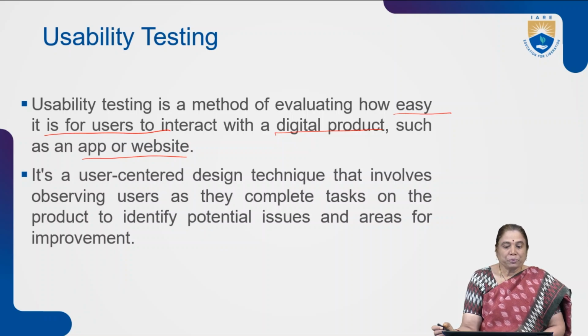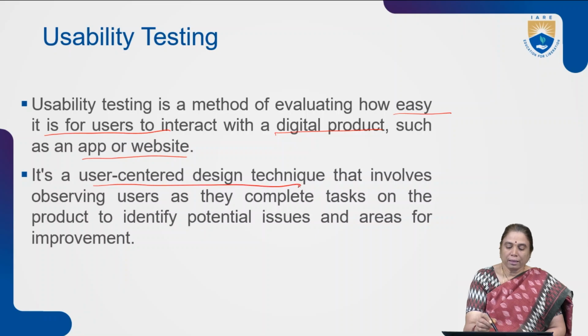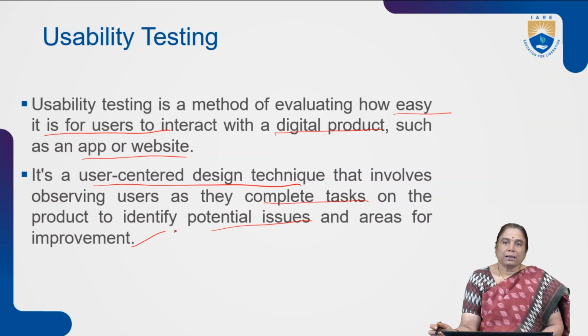It is a user-centered design technique that involves observing users as they complete tasks on the product to identify potential issues and areas of improvement. Here the aesthetic feel, the helping tips and the user manuals that are provided to the user on how to efficiently interact with the application are tested in usability testing.